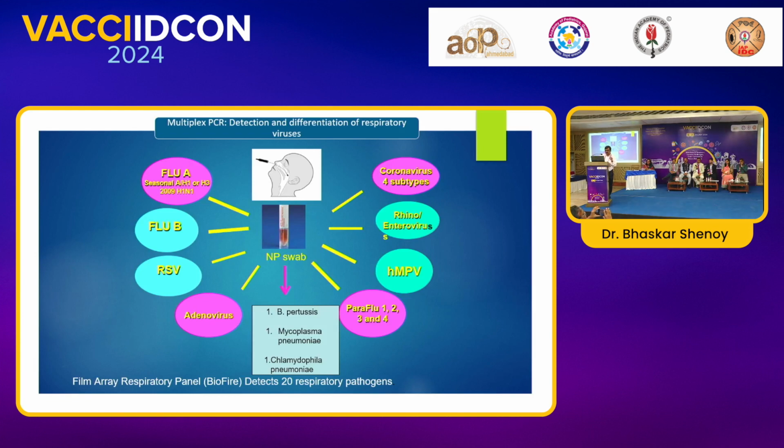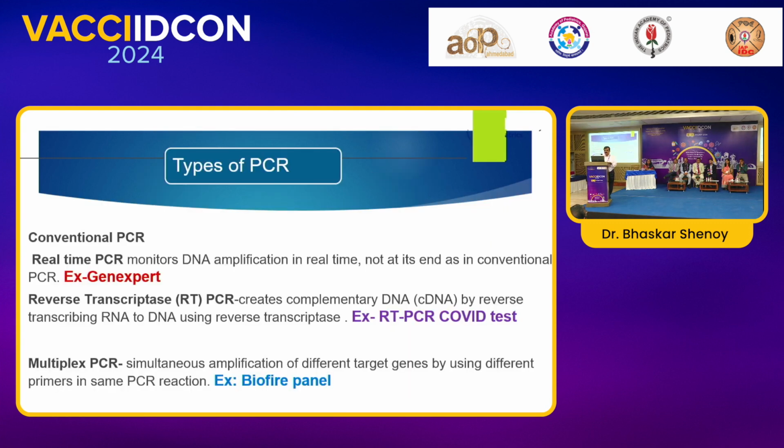The FilmArray, which is commonly done, contains around 20 respiratory pathogens, but the only thing is that cost is a limiting factor. Organisms like pertussis, mycoplasma and chlamydia, which cannot be detected by conventional methods, can be detected. About 20 organisms can be detected.